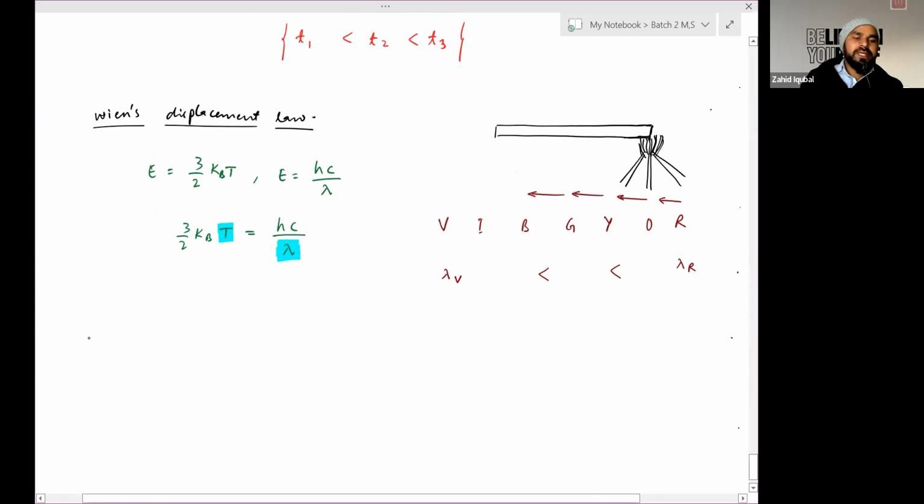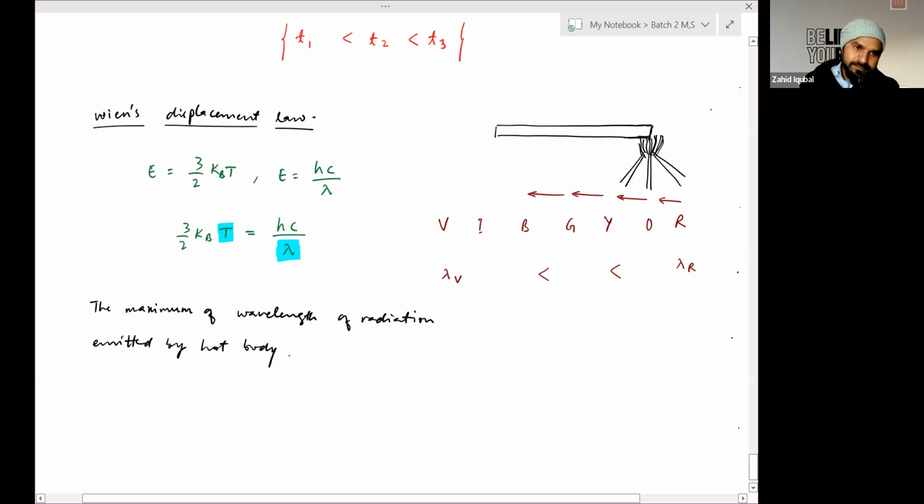So let me define this Wien's displacement law. It states that the maximum wavelength of radiation emitted by a hot body is inversely proportional to its absolute temperature.